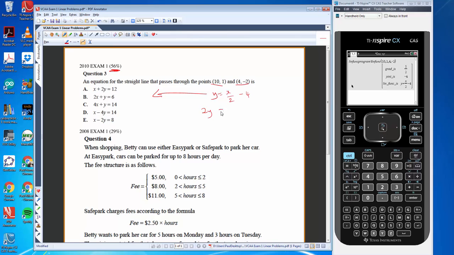That gives us 2y equals x take away 8. Now they've got the x term first, so we'll go -x plus 2y equals -8. Then we can see that the x terms are all positive, so we'll divide all of these terms by -1, which gives us x take 2y equals 8.